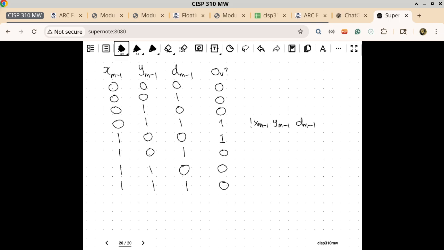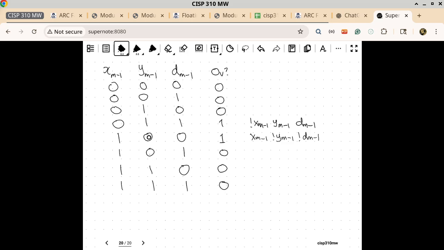We good? All right. So now we look at the next row. Using the same trick, this one means we have x subscript m minus 1 and the negation of y subscript m minus 1 and the negation of d subscript m minus 1. Because in this case, we need to keep x subscript m minus 1 as is because it is a 1 to begin with.